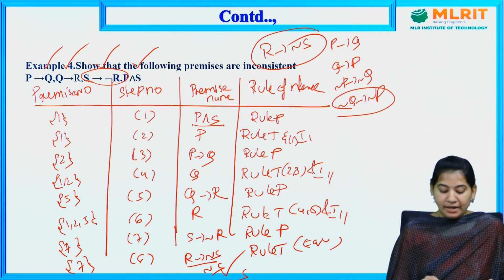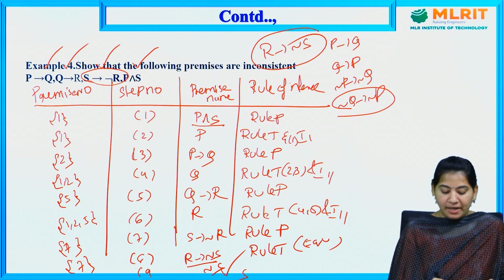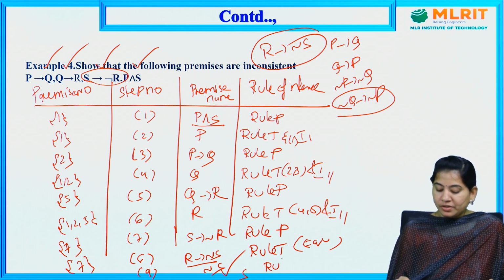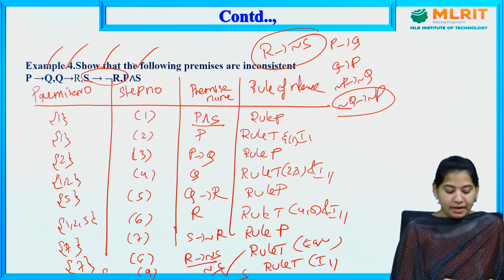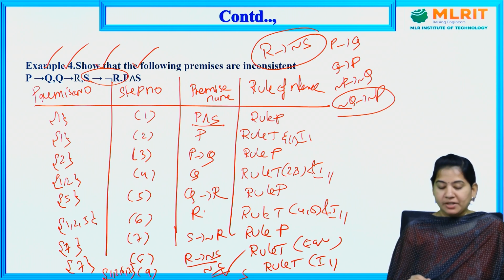Now I will get negation S by applying the I11 formula, which is rule T I11 formula. And here I have used R comma R implies negation S, 1, 2, 5, 7 I will get, and negation S I will get.